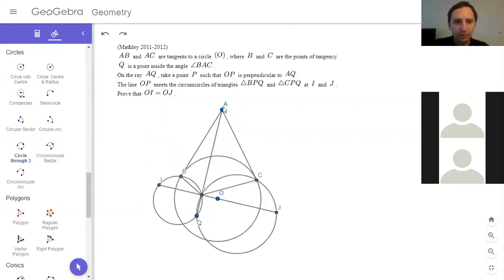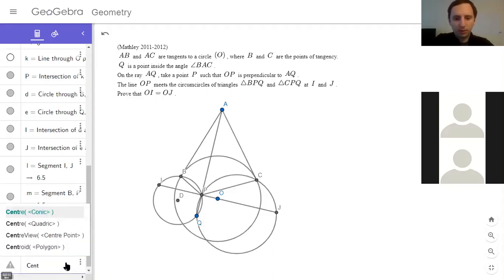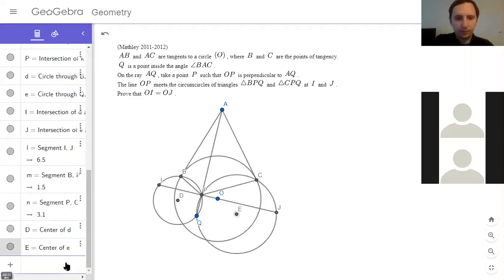AIQJ isn't cyclic, but maybe there's... Oh, interesting idea though. Let's try IQJ. Maybe it's worth drawing the centers of those circles. I'm not sure if it'll do anything, I'm just trying it out.